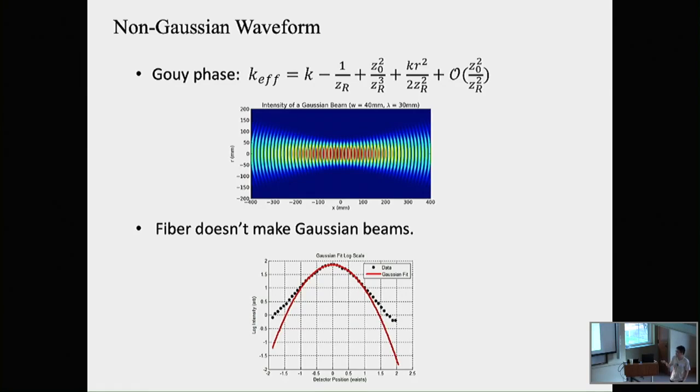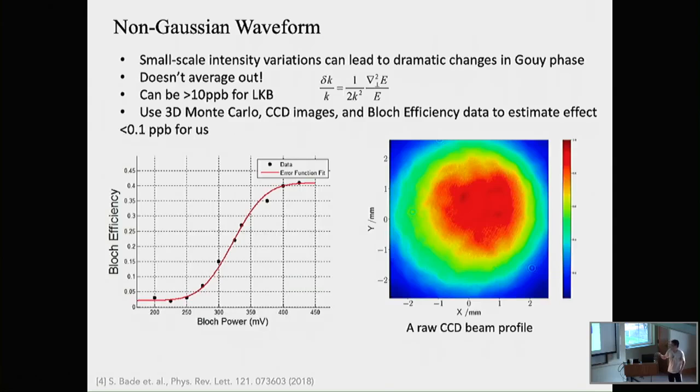Two beam widths away, it's more like Lorentzian, and then this large tail will be reflected by the vacuum chamber and interact with our atoms. And here is a real CCD image of our laser beam, and you can see it's kind of messy. There is a lot of high frequency noise caused by dust on the mirrors and the view ports.